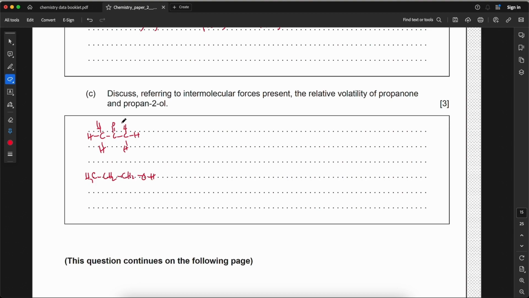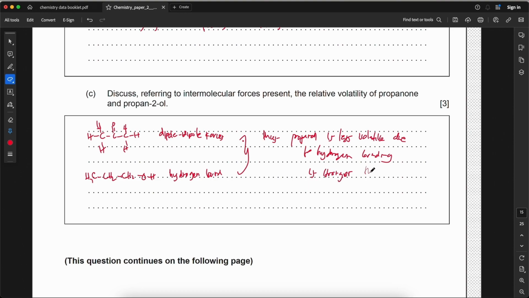So in propanone, there exist dipole forces, but for propan-2-ol, it has hydrogen bonds. Thus, propanol is less volatile due to hydrogen bonding being stronger than dipole forces.